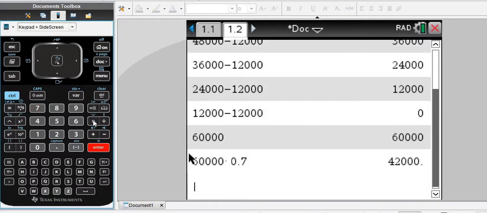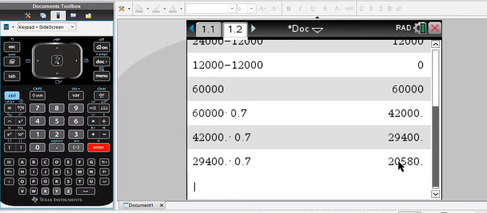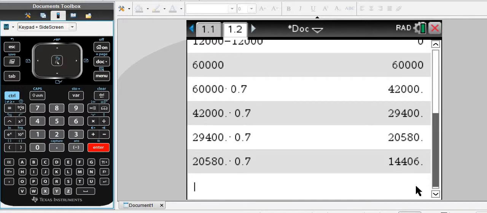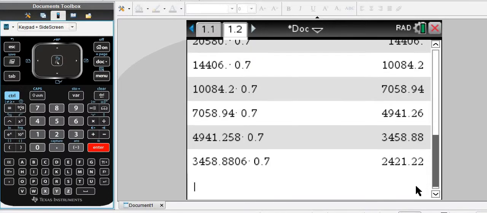So what's happening there is that number has been reduced by 30% to give this number. That number has been reduced by 30% to give this number, and so on. That number reduced by 30%, reduced by 30%, reduced by 30%, and so on.